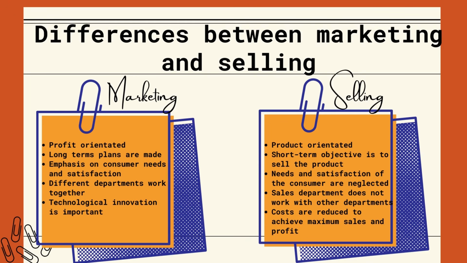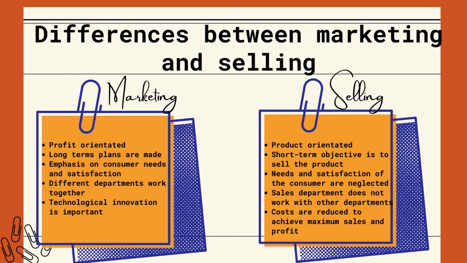When it comes to the differences between the two, selling is more about the product, so it's product orientated, but marketing is profit orientated. How do you grow your business? How do you make your customers aware of your business? And marketing has long-term plans. However, with selling, there is a short-term objective, which is basically to sell the product.